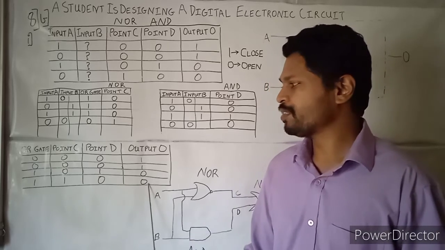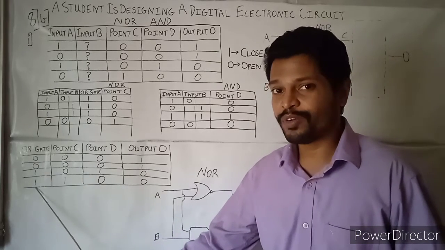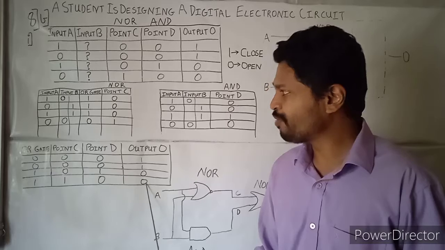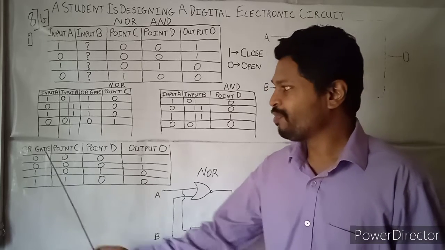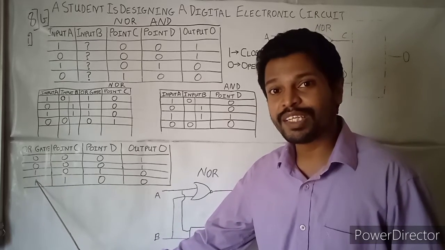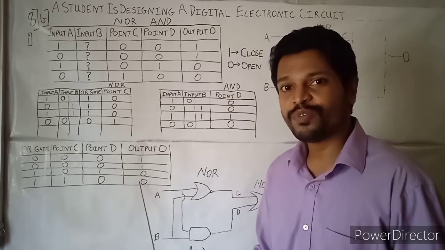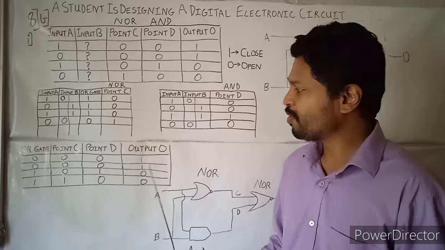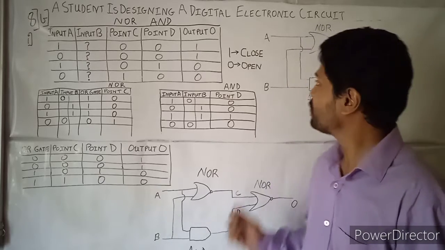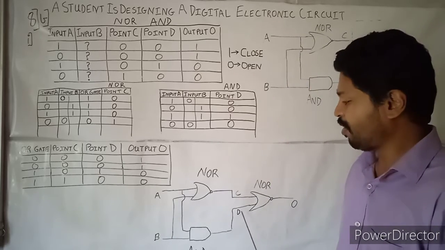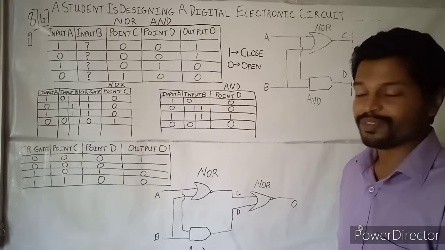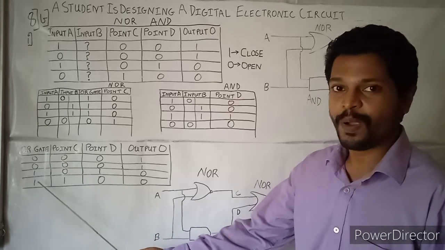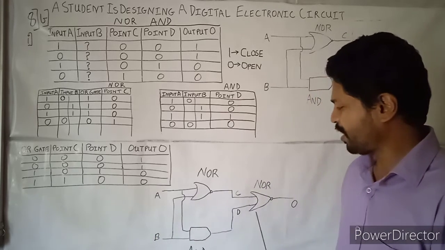Here what is the opposite? 0. So if it is a NOR gate out here, what would this gate be? If it is an OR gate, then the opposite of OR would be the NOR gate. So we have got the answer. What comes in between over here is the NOR gate itself. The opposite of OR is the NOR gate itself.